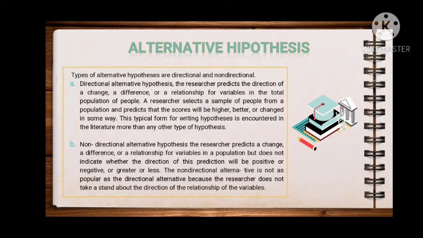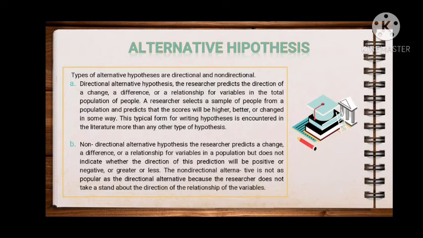Okay, the next slide is about the alternative hypothesis. Alternative hypotheses are divided into directional and non-directional. If you want to use a directional alternative hypothesis, you as the researcher predict the direction of a change, a difference, or a relationship for a variable in the total population of people.